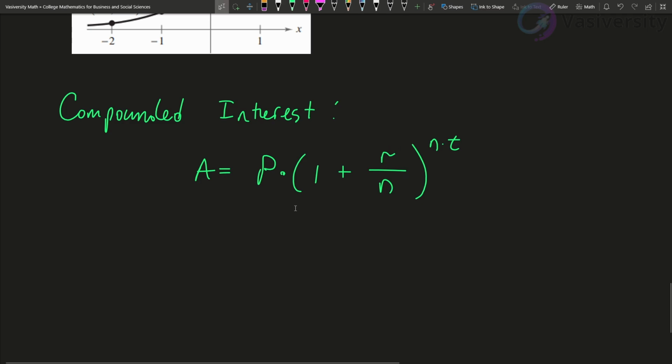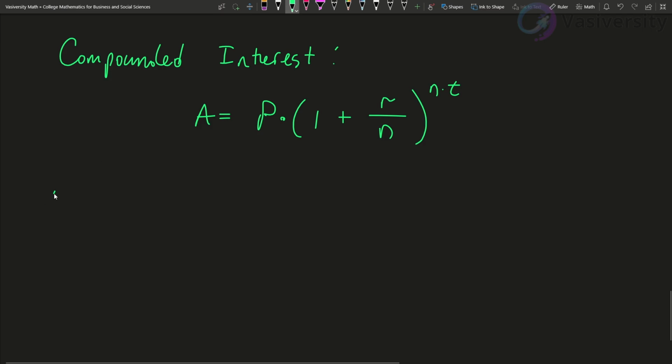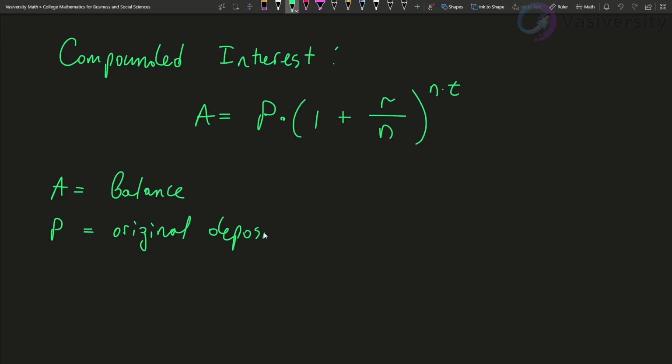Okay, so essentially A is the balance, P is the deposit, so the original deposit, right? Then r is the annual interest rate.